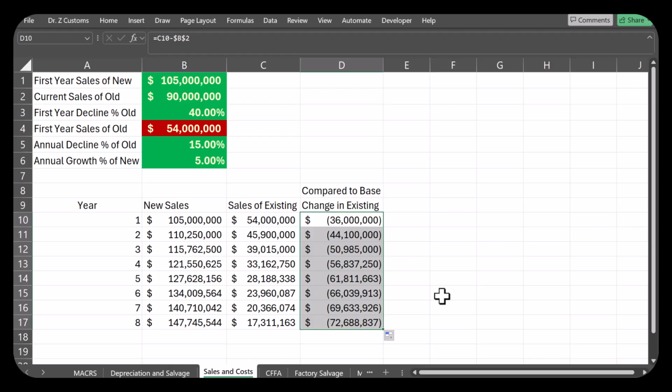and so on and so forth. So essentially, my net sales is sales of the new product plus change in the existing.